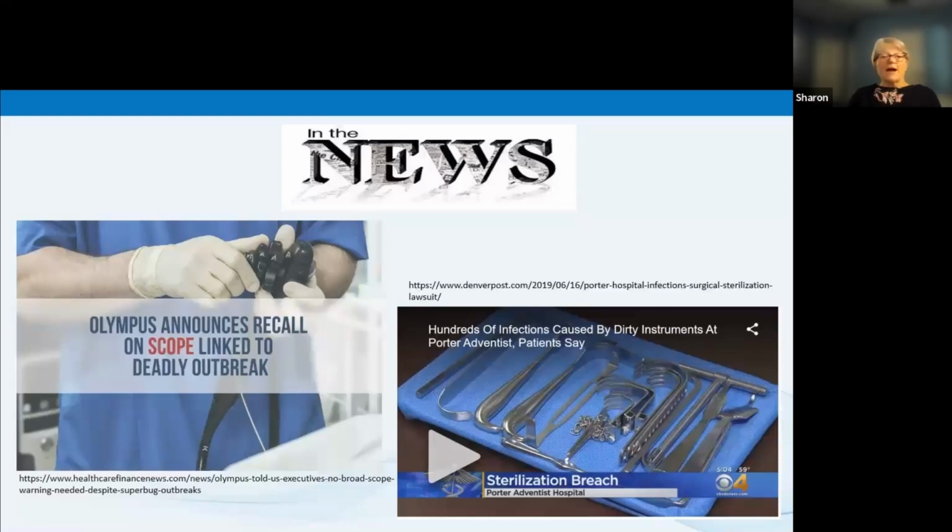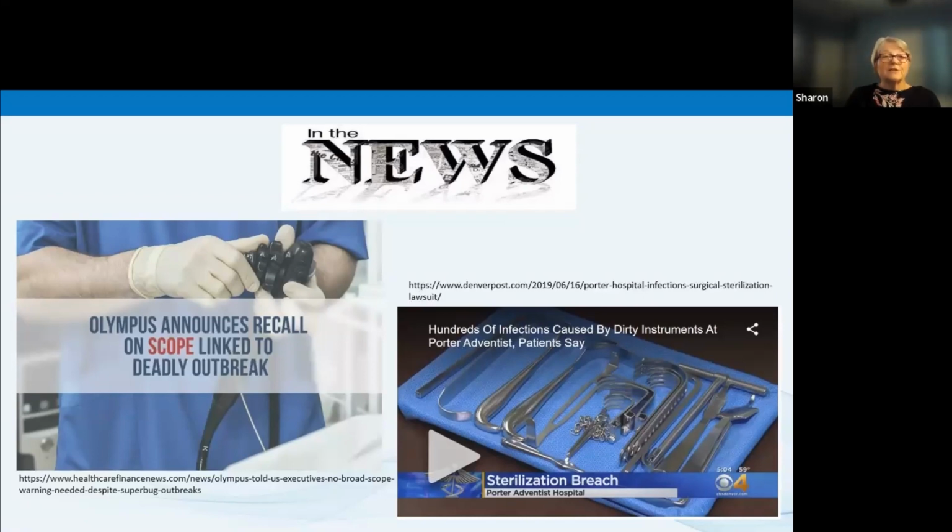Now, failure of the hospital staff to perform point-of-use cleaning of surgical instruments contributed to contaminated instruments being used in procedures after they had received inadequate sterilization, putting nearly 6,000 patients at risk for surgical site infections and exposure to HIV and hepatitis. So if your excuse for not performing point-of-use cleaning is not having enough time, think about these two instances that resulted in patient harm.